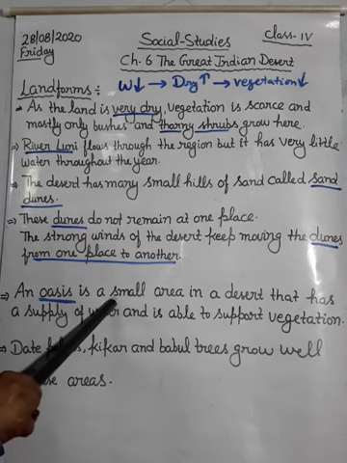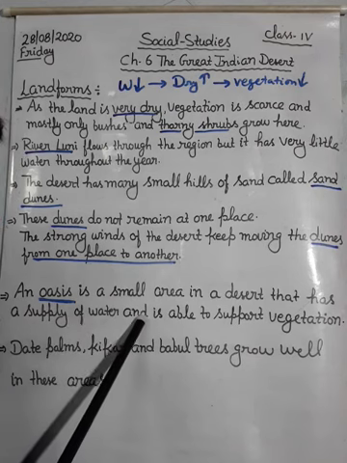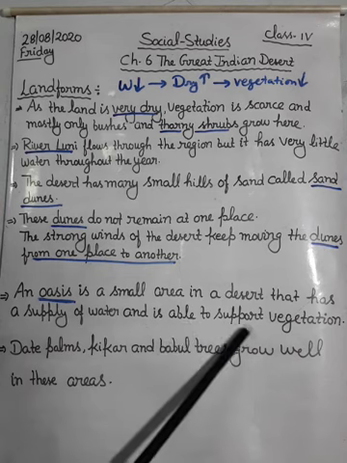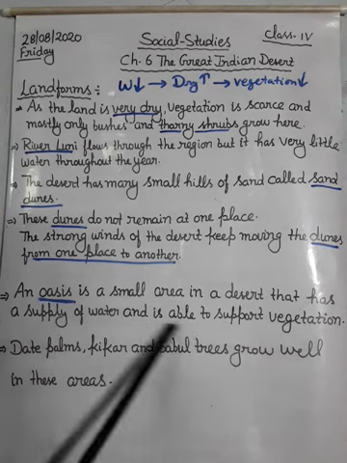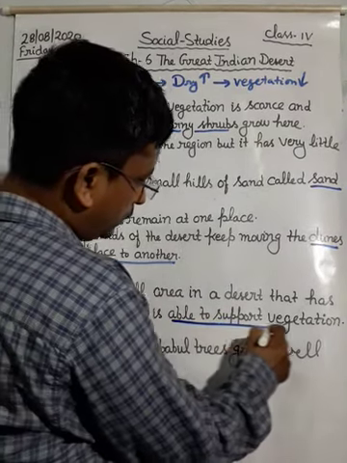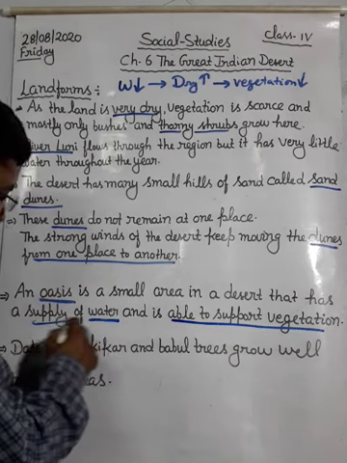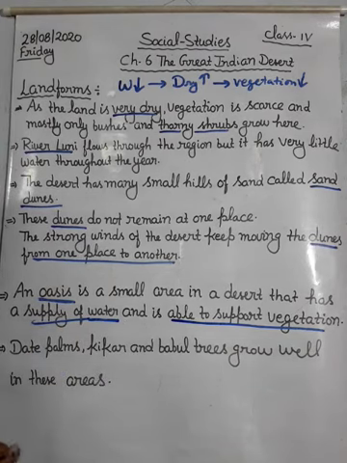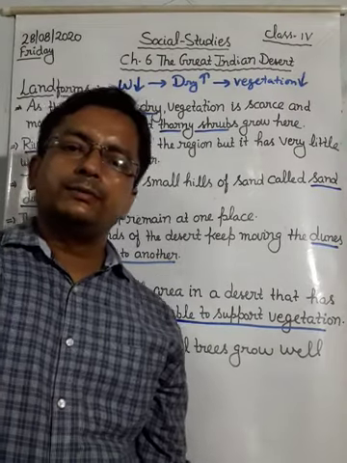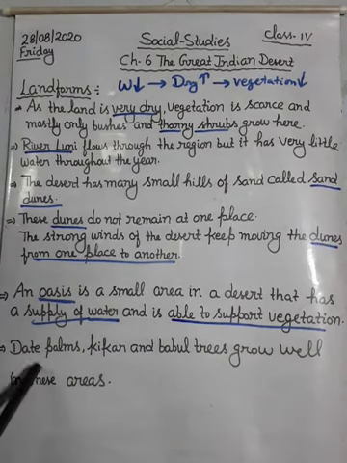At the same time, a small area in a desert that has a supply of water is able to support vegetation. Why is it able to support vegetation? Because there is a supply of water. When water supply is there, the place will be green.